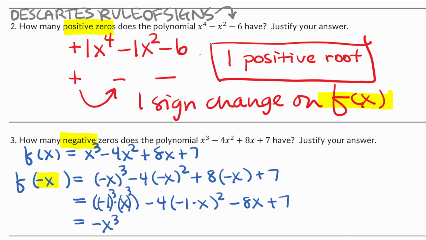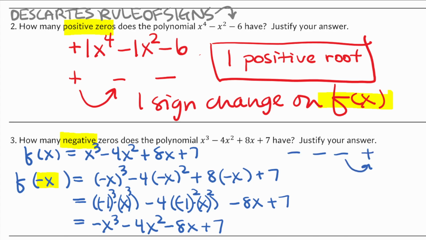And same thing over here, if I'm taking negative 1 times x and I'm squaring it, then I've got 2 copies of negative 1 and 2 copies of x. Negative 1 times negative 1 is positive, so that's positive x squared. Now I've got f of negative x, and my signs went negative, negative, negative, positive.